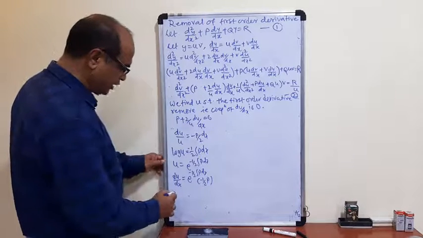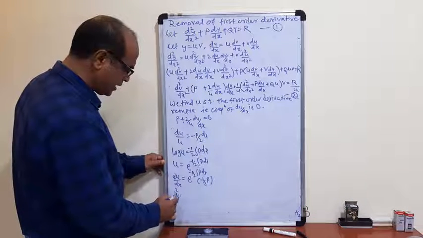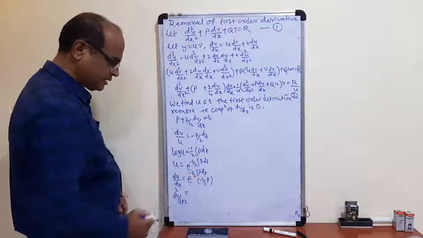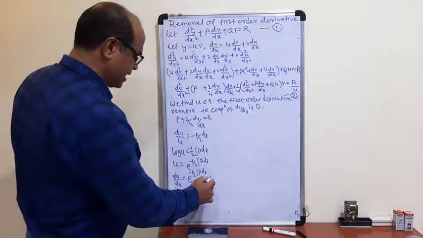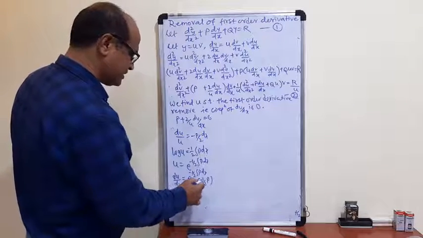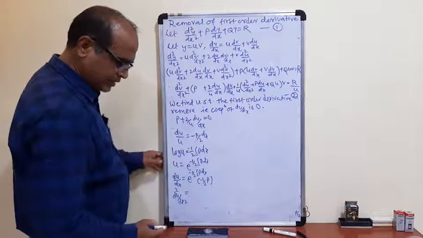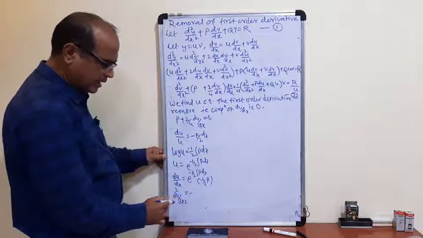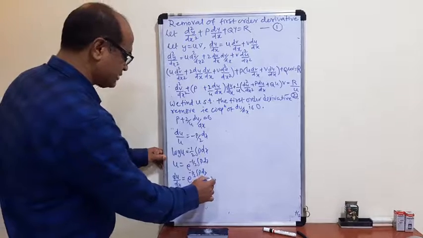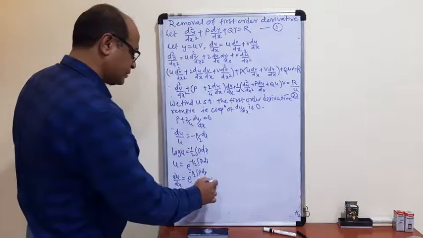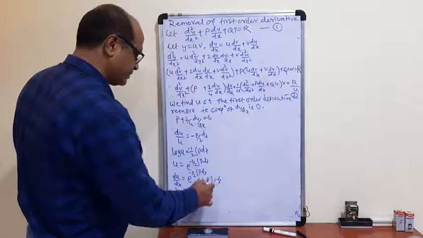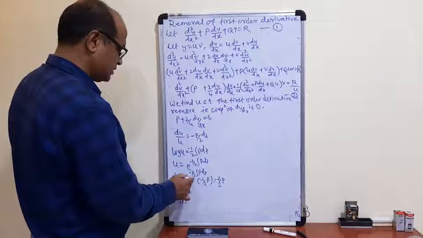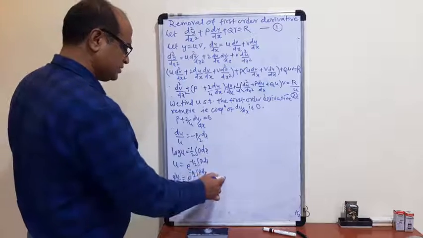So I can find out d2u by dx square, taking the derivative of this again. This can be written as minus half p into u.